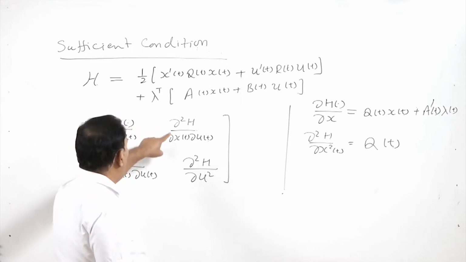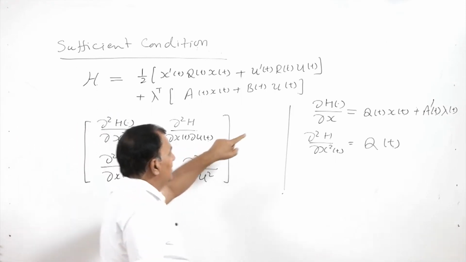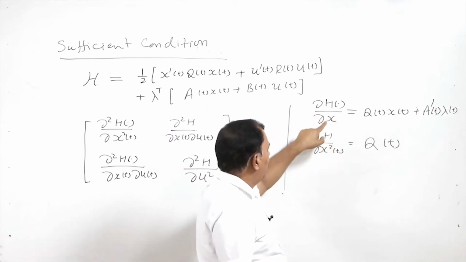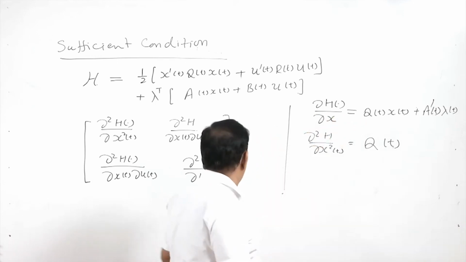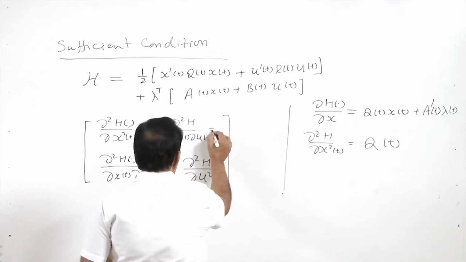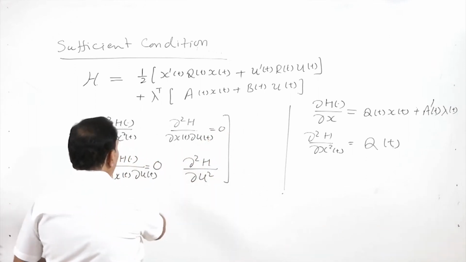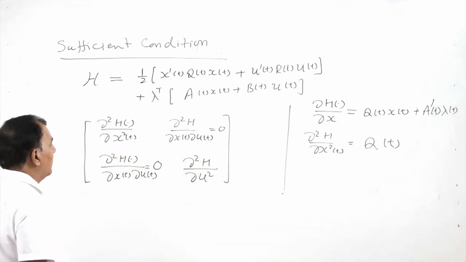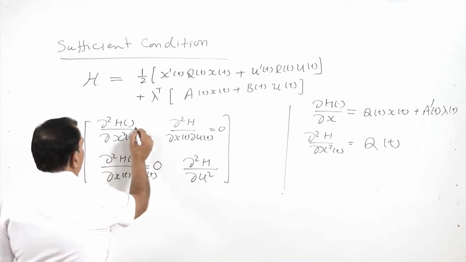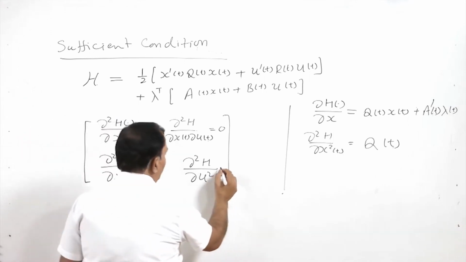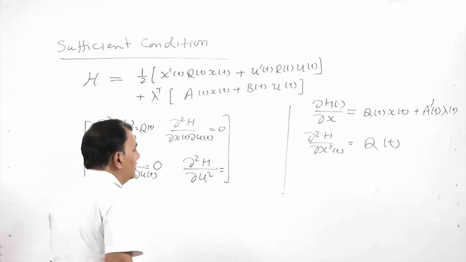If I take the derivative with respect to u, this will be 0, so this term will be 0. In a similar way, this term will be 0 as well. This is nothing but Q(t), and what is del 2H by del u square?